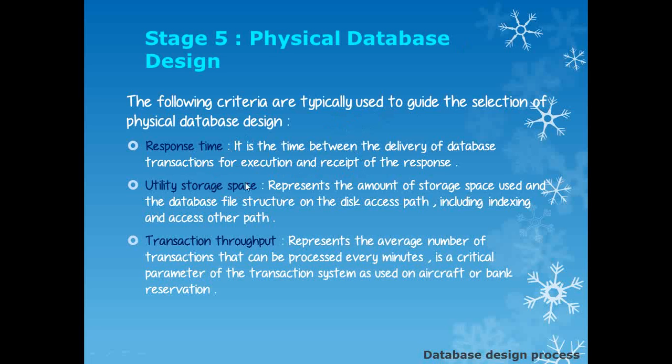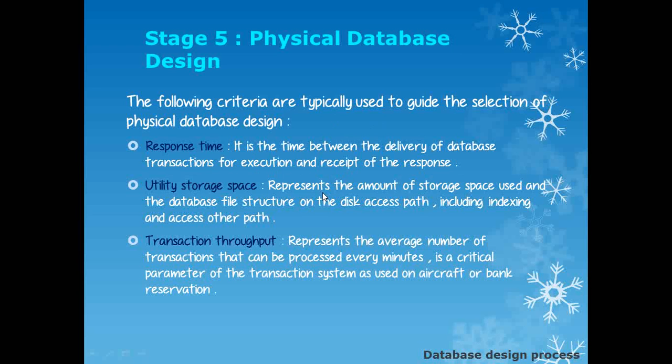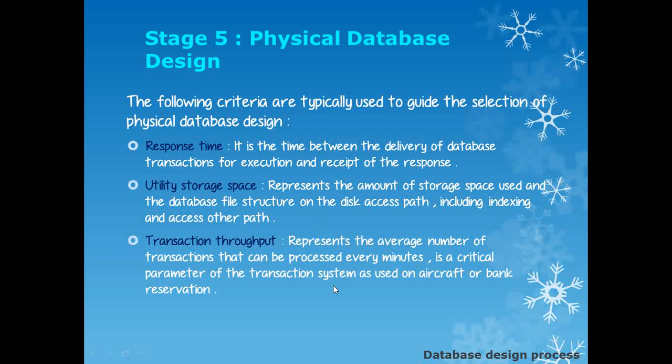Utility storage space represents the amount of storage space used by the database files and the access path structures on the disk, including indexing and other access paths. 3. Transaction throughput represents the average number of transactions that can be processed every minute. It is a critical parameter of transaction systems such as those used in aircraft or bank reservations.